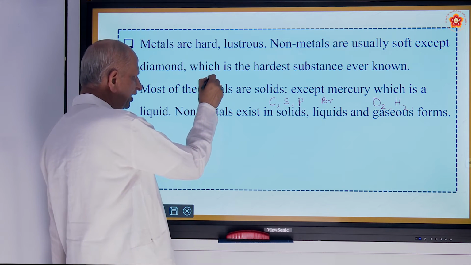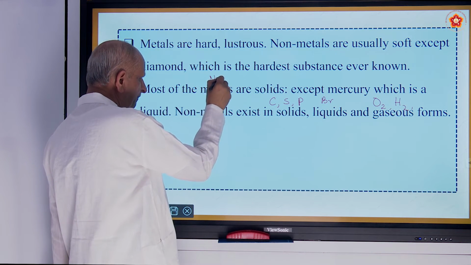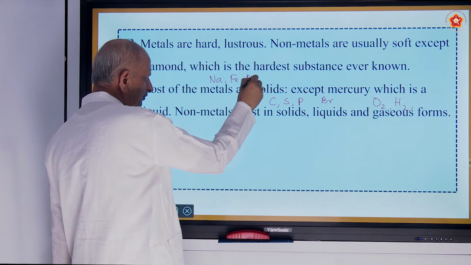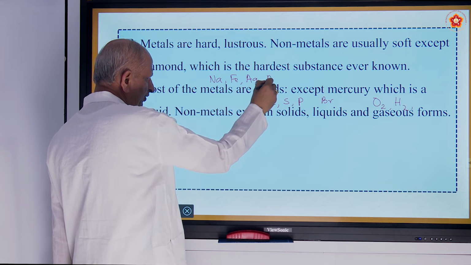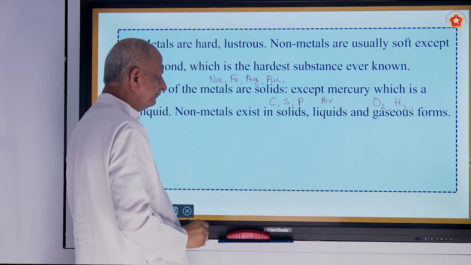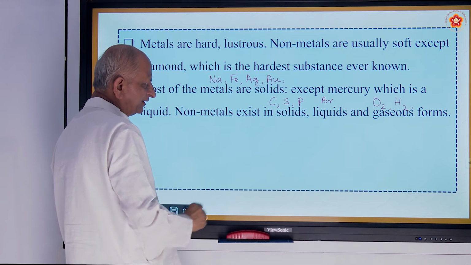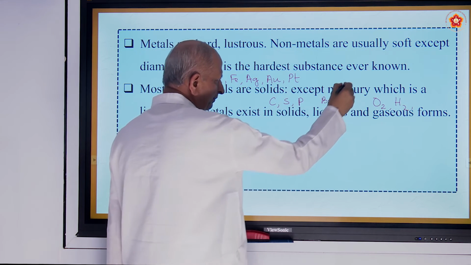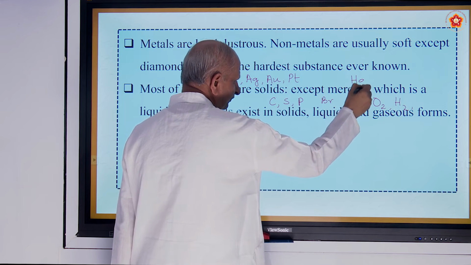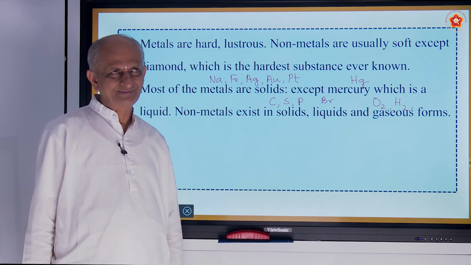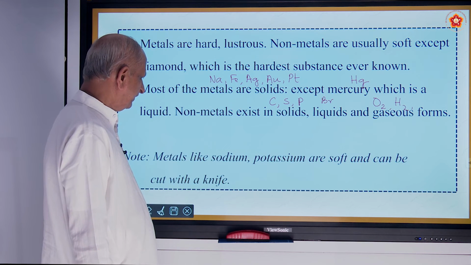So here most of the metals are solids. When you say metals, you have sodium, iron, gold, silver, platinum, etc. They are all solids. Mercury is a liquid, correct? So that is another property.